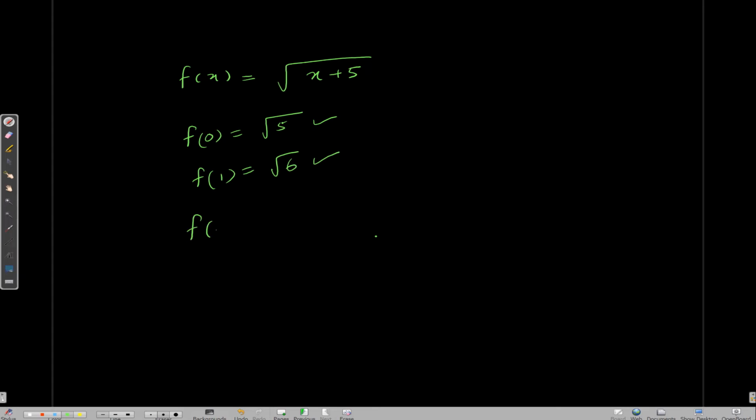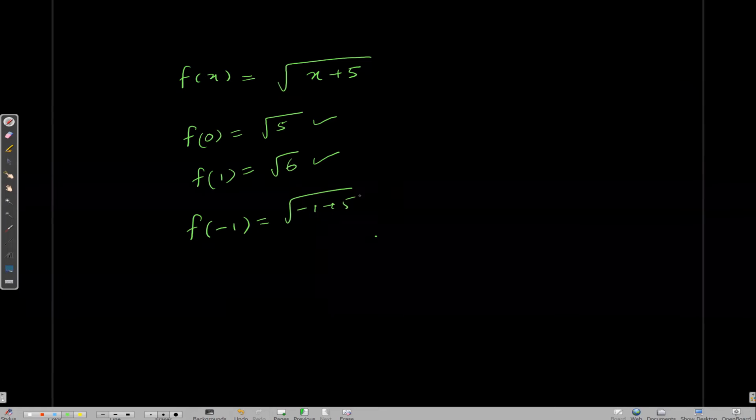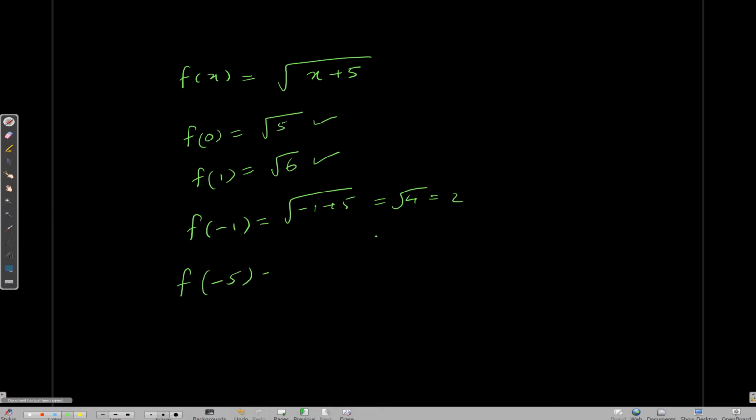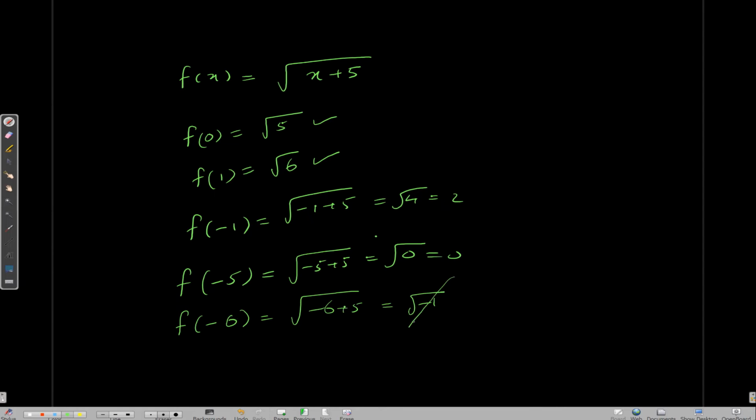How about negative numbers? F of -1, so -1 plus 5, which is 4, and the square root of 4 is 2, which is a nice number. F of -5, let's see that. -5 plus 5 is 0, the square root of 0 is 0, still good. F of -6 gives the square root of -1, and that does not exist.